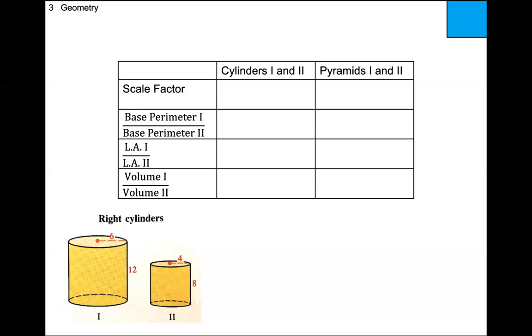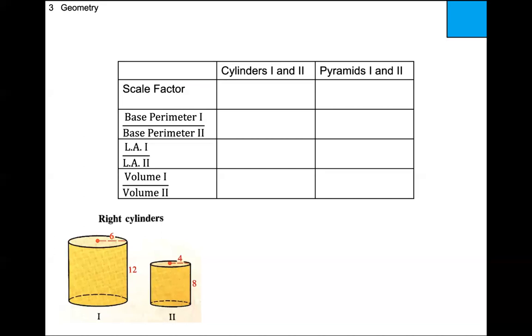I've got that. And it's asking me to fill in column number 2 on the table. Column number 1 tells me what the rows should all be. So the first row says scale factor. So scale factor, if the two shapes are similar, remember I already claimed they were, you just pick two corresponding sides, any two corresponding sides, one from the big one and one from the small one.